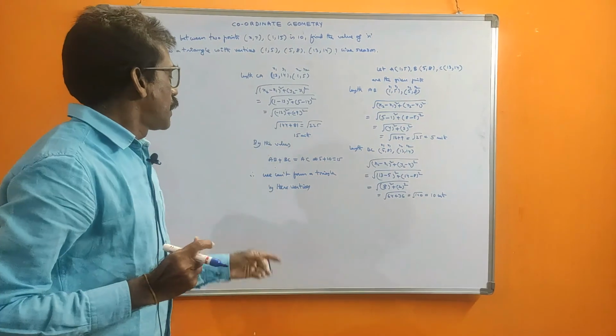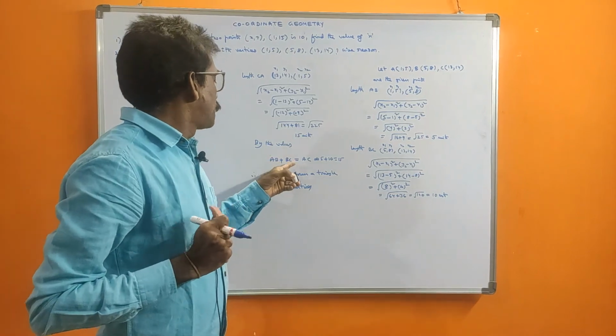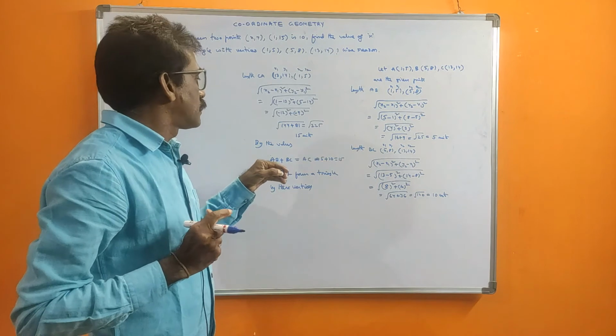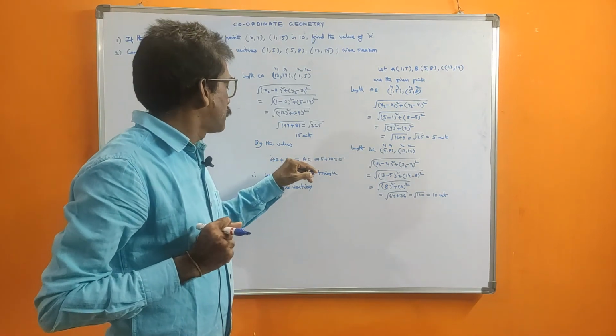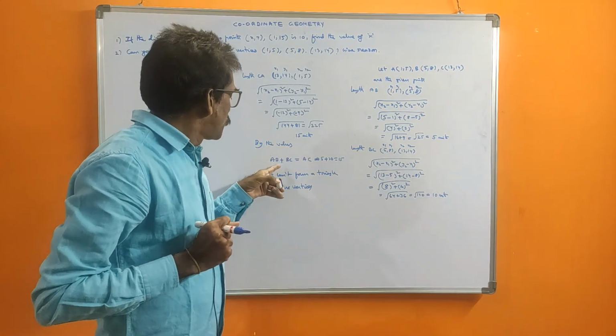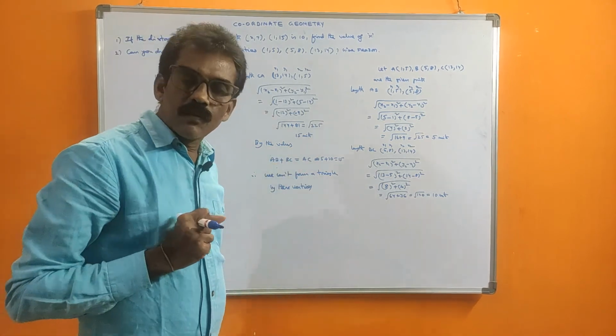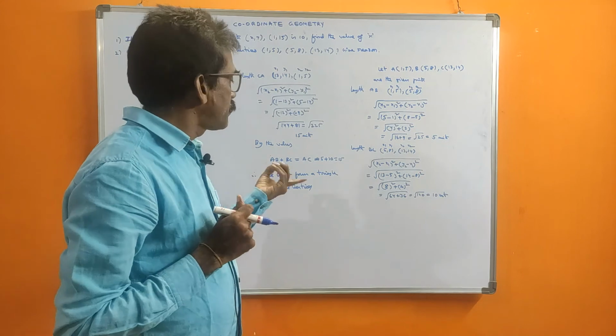So if AB plus BC equals AC, one condition is satisfied; otherwise we should check the other conditions. Not only this, BC plus CA equal to AB, or CA plus AB equal to BC. If any condition is satisfied, no problem.